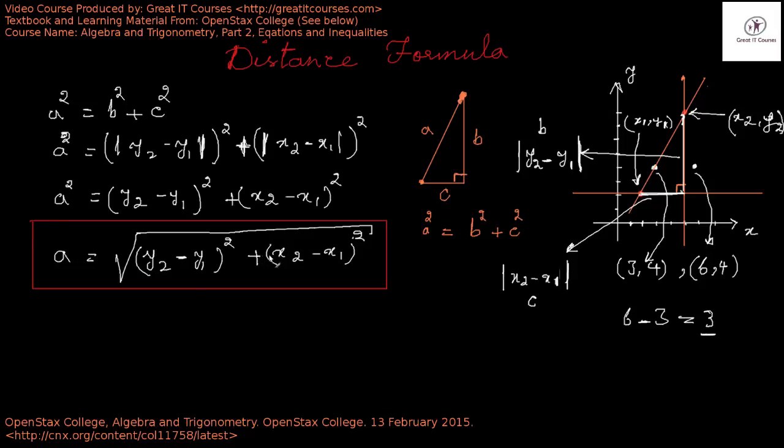Very simple, and it's going to help you a lot in your life in mathematics. This denotes the distance between any 2 points x1 y1 and x2 y2. If you have any 2 points in the Cartesian coordinate system, you can use this formula to calculate the distance between the 2 points. And that's basically what we call the distance formula.